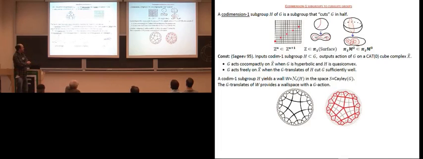In what sense does it cut the group in half? Well, you take some finite neighborhood of that subgroup, and when you remove that finite neighborhood from the Cayley graph, you tear out a little neighborhood of this set of red dots, and you get two infinite complementary parts. That's basically what it means to be codimension 1.